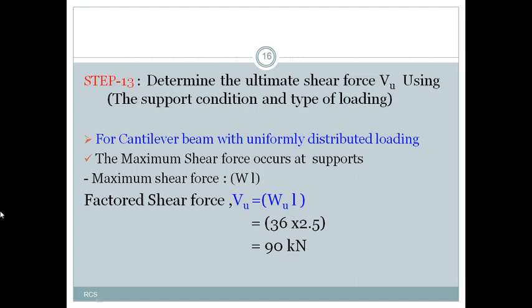In this problem, our cantilever beam is subjected to UDL, and the maximum shear force occurs at the support, which is W into L. But we have to calculate the factored shear force. Already we have W as the factored load and L as the effective length of the beam. If you multiply that, we will get 90 kilonewtons. So that is the factored shear force, 90 kilonewtons.